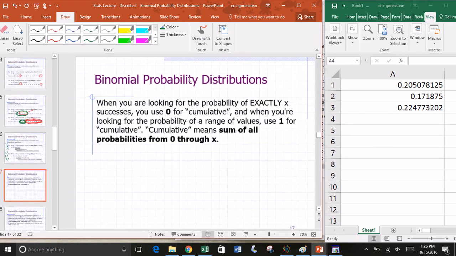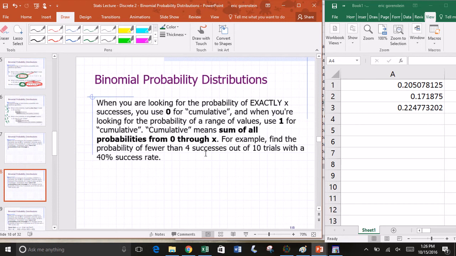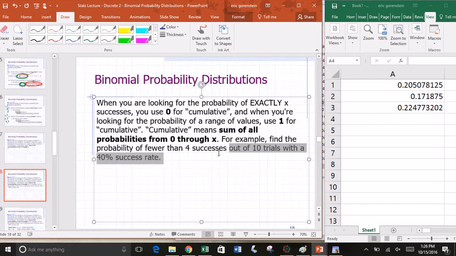Okay, so I'm just restating that here. For cumulative function, 0 means no, 1 means yes. And the cumulative function gives the sum of all probabilities for x values 0 up through the x value you input. For example, find the probability of fewer than 4 successes out of 10 trials with a 40% success rate.